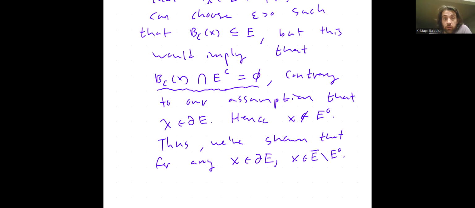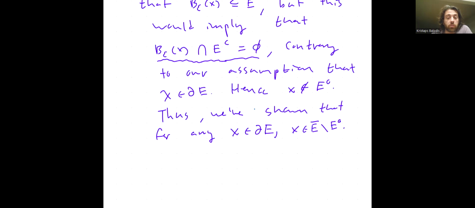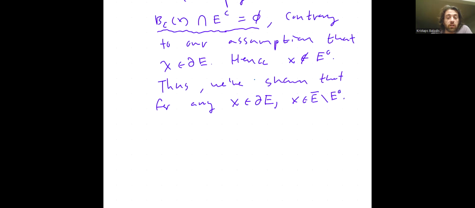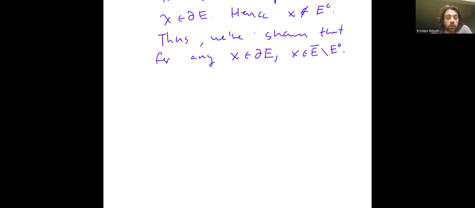So that's half the battle. We're halfway through this proof, right? So we've shown one step of the containment. Now we got to do basically the whole proof backwards.